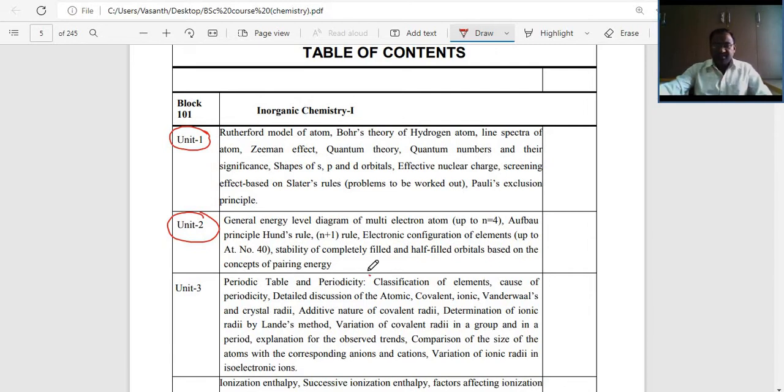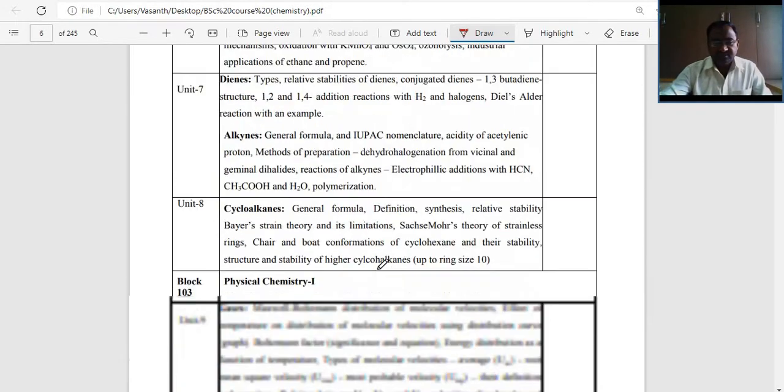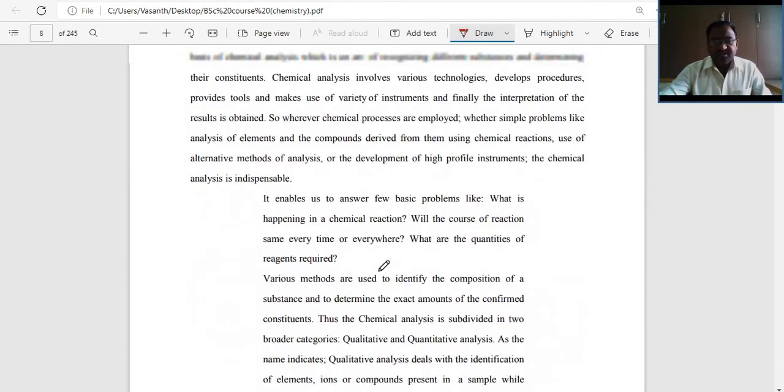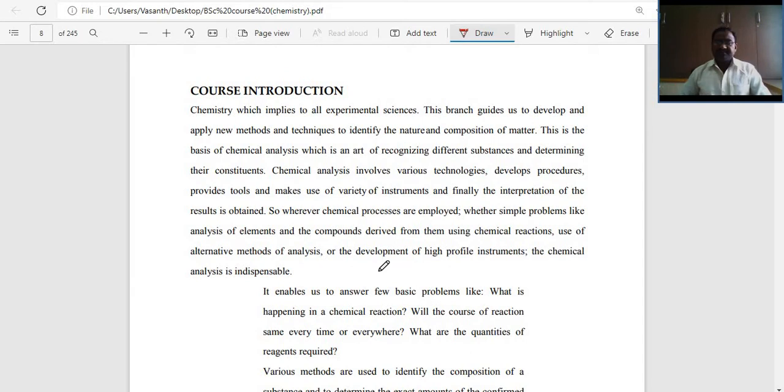Here, atom means a very tiny particle. It is an indivisible particle.